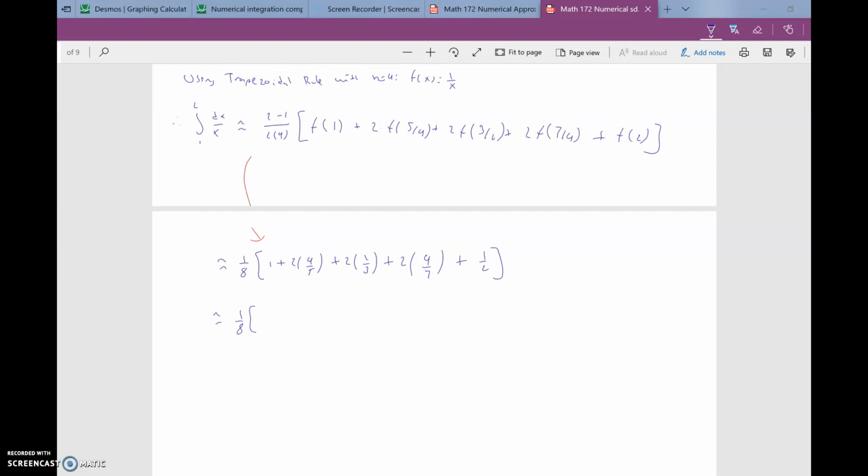So this is 1/8 times 1 plus 8/5 plus 4/3 plus 8/7 plus a half. Okay, that's what we're plugging in. And plugging this into the calculator, I'm getting, and let me double check, 0.6970. Let me just double check that I'm not messing up parentheses. 1/8, 1 plus 8/5 plus 4/3.